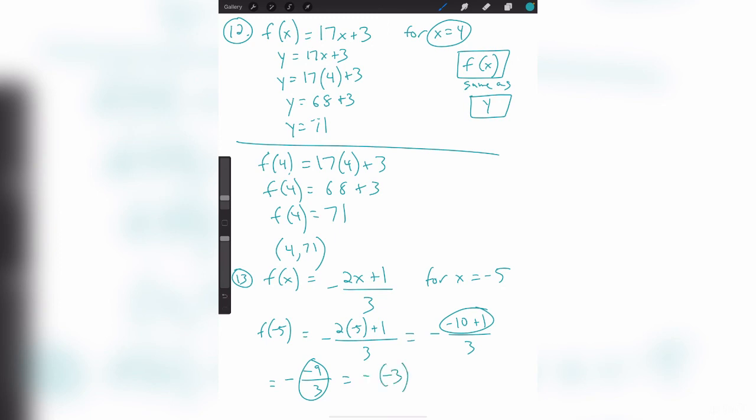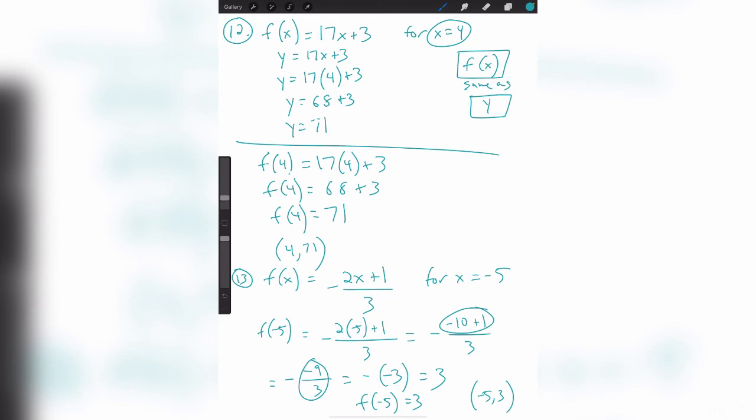And then a negative multiplying by a negative gives me 3. So that negative on the outside, you have to multiply by, which gives you a positive 3. So I started with f of negative 5, and I ended up with 3, which means my ordered pair which solves this is negative 5, 3.